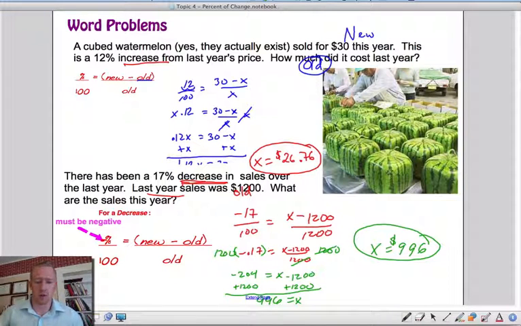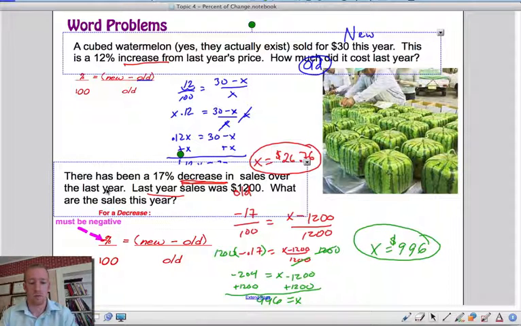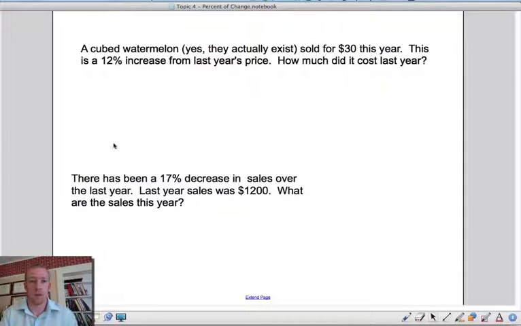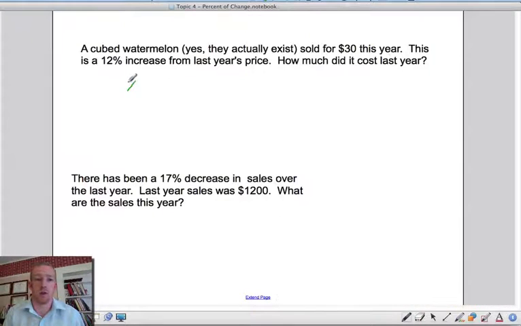Okay, so now let's just quickly, if you want to see, you don't have to watch this, but if you want to see another way to do these problems. Another way to do it is if you know that it's been a 12% increase from last year's, that means whatever last year's price was, if you multiply that by 100 plus 12%, which is 112%, or 1.12 as a decimal, right? 112% times last year's price equals this year's price.